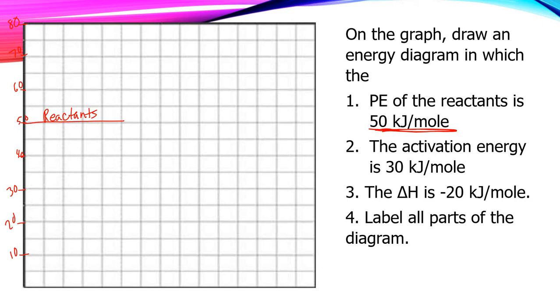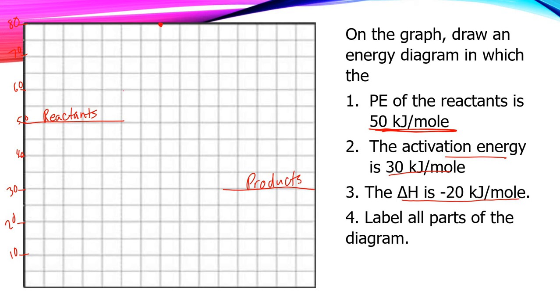I always like to look at where my reactants are. Then activation energy is 30, so I have to go up 30. So 10, 20, 30. So I'll come over here and just put a mark here, because I'm going to have to make a curve to get up to that. And then delta H is 20 below where I started. So I go 10, 20, come over here, and this is where my products are going to end.